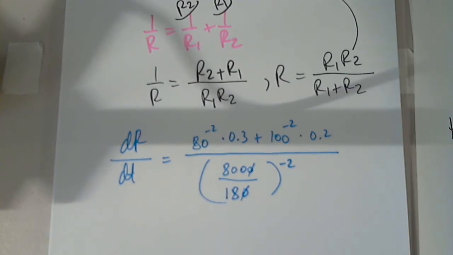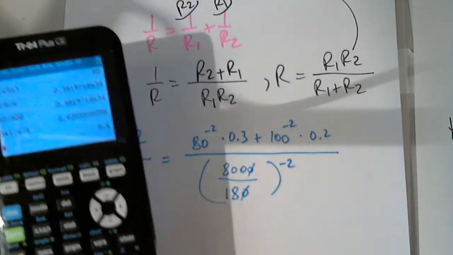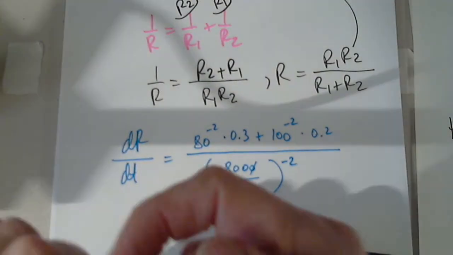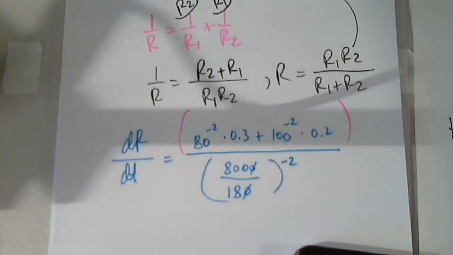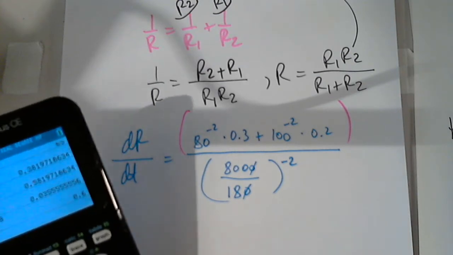Ugly, but doable. Careful how you plug it in. We need parentheses in the calculator. We need parentheses around the numerator. The denominator, it's okay. But the numerator, careful.